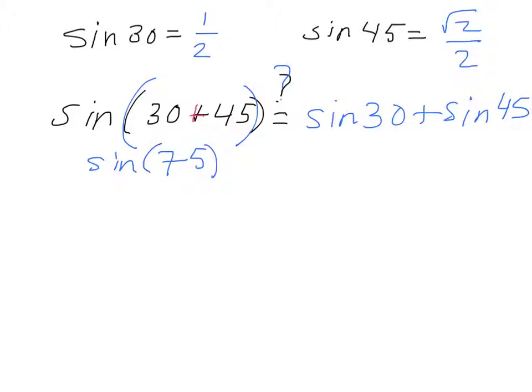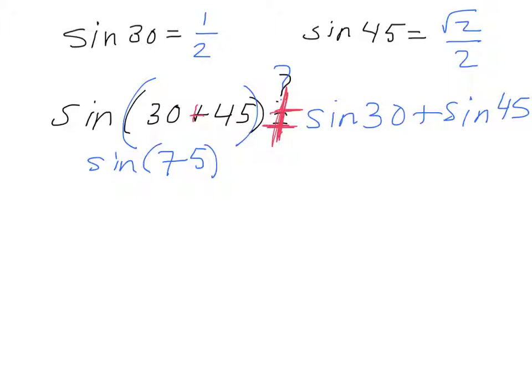If you actually put sine of 75 into your calculator and put sine of 30 plus sine of 45 into your calculator, you will see that they in fact do not equal each other. So finding the sine of 75 is not as easy as just adding sine of 30 plus sine of 45.